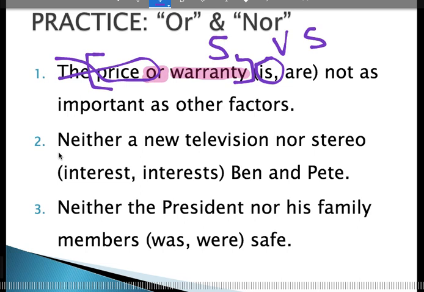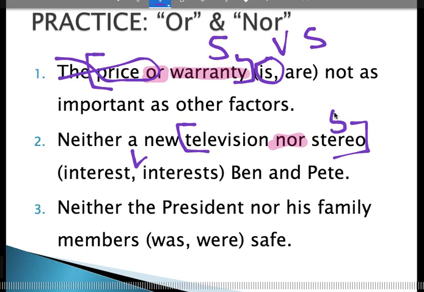Number 2, neither a new television nor stereo interest or interests Ben and Pete. So interest or interests is our verb, and then who or what does that interest? What is interesting? So the television or the stereo interesting them. So we have the word nor, which means that we look at the subject closest to the verb, stereo.